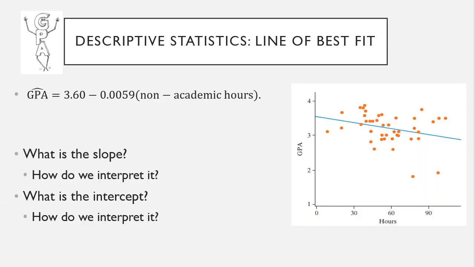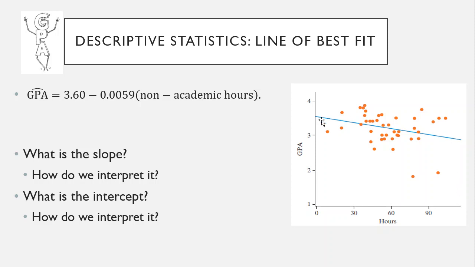Okay, so we take the data we had and plot it in a scatter plot. You can see there's a lot of noise in the data, but there is a general slight trend down: the more hours you spend in non-academic activities, the lower the GPA.